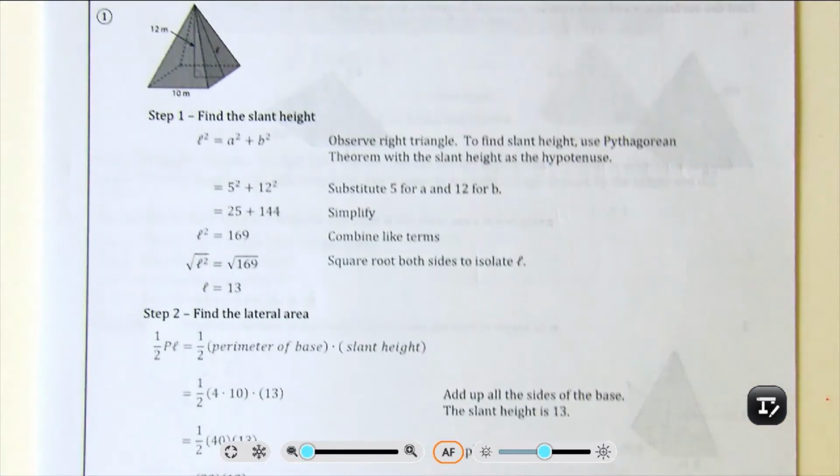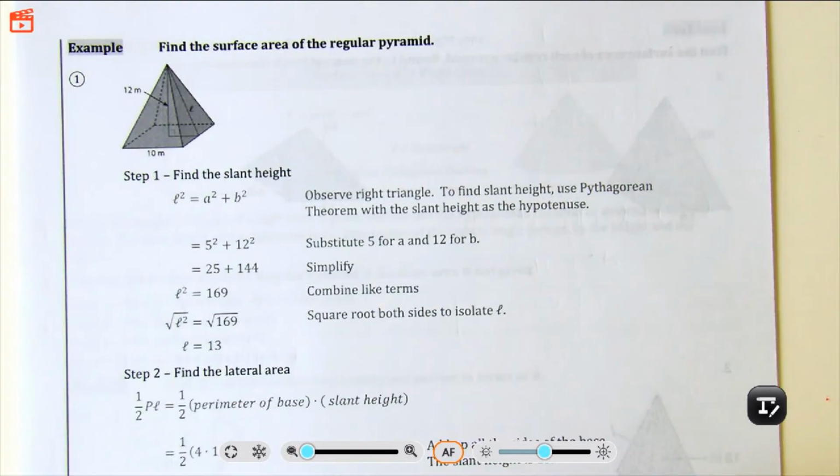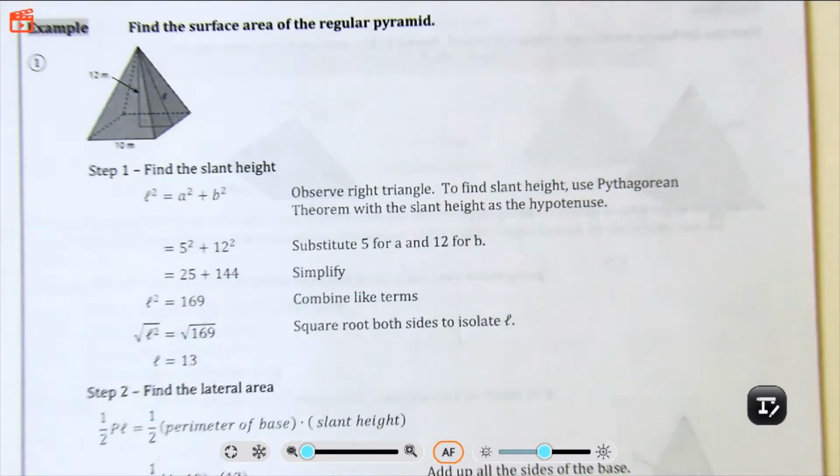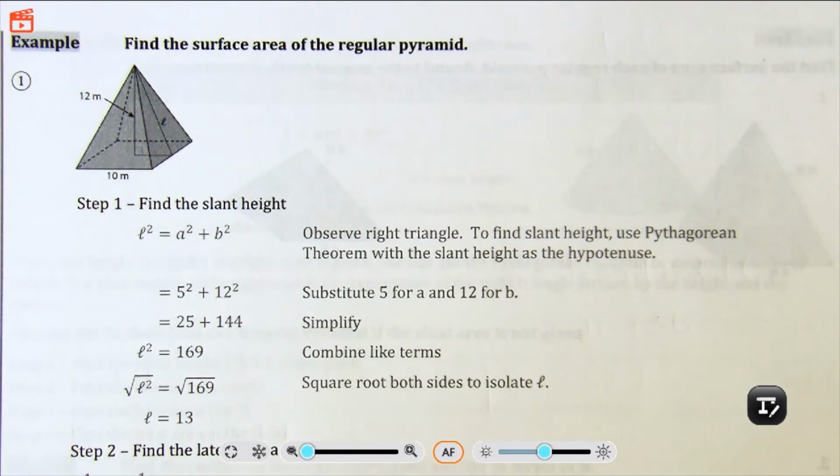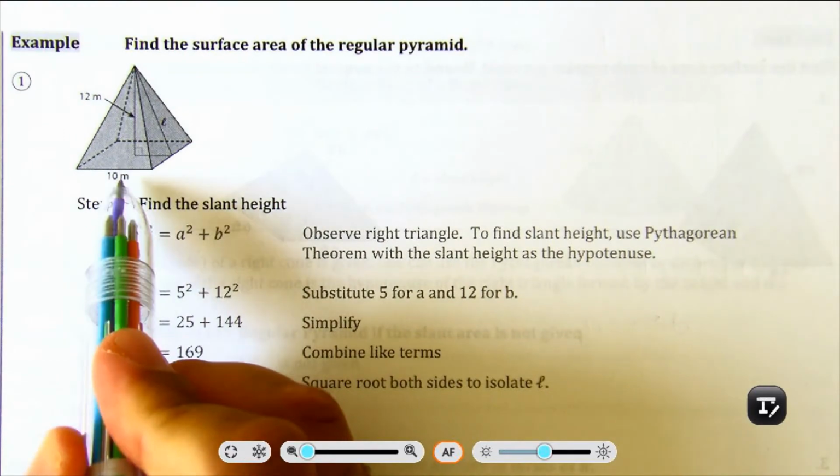Okay, this is our example. So let me zoom in as much as I can. In this pyramid, we do not know the slant height. What we do know is that one side of this pyramid is 10 and the altitude is 12.